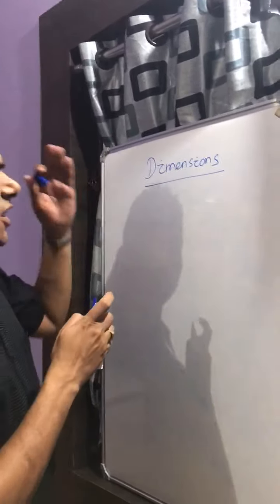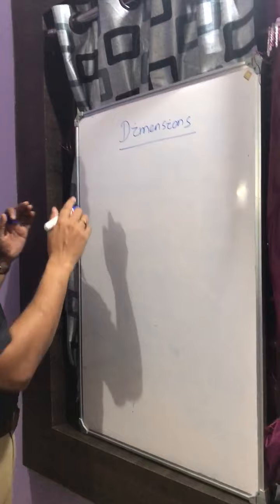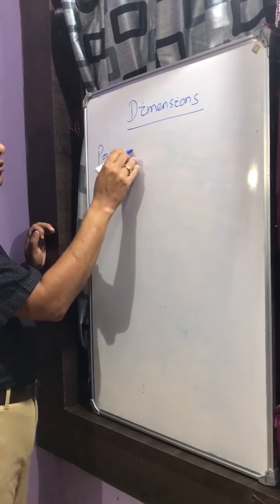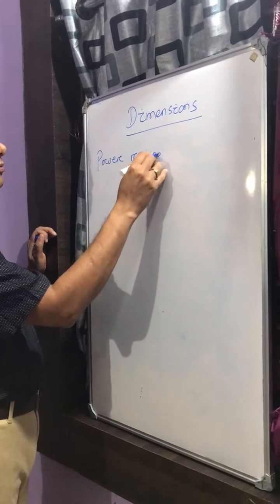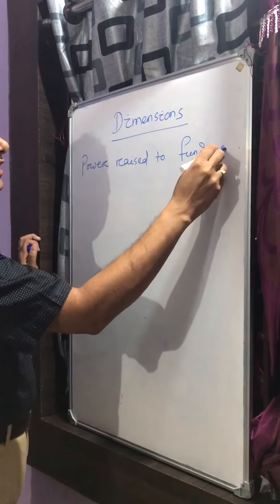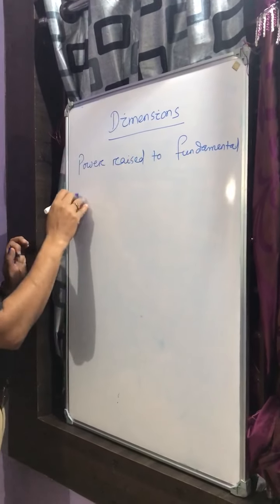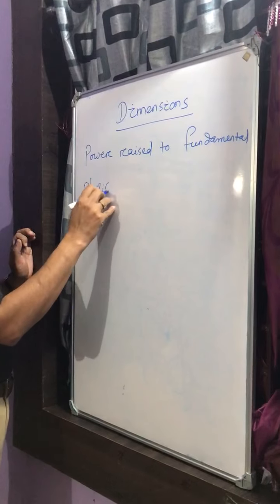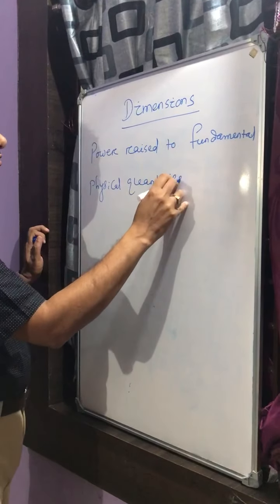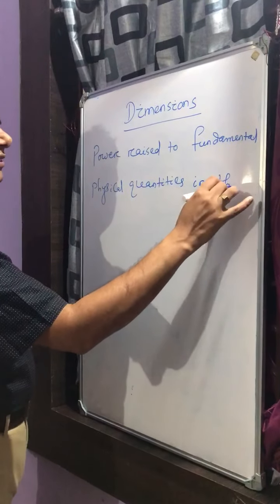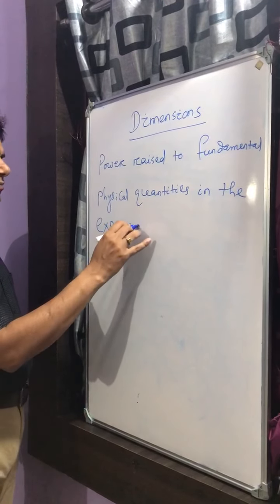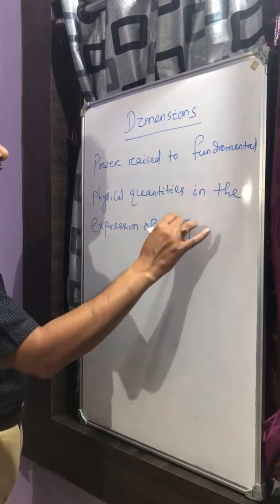Now see the definition of dimension. The definition is like this. It is the power raised to fundamental physical quantities in the expression of a physical quantity.